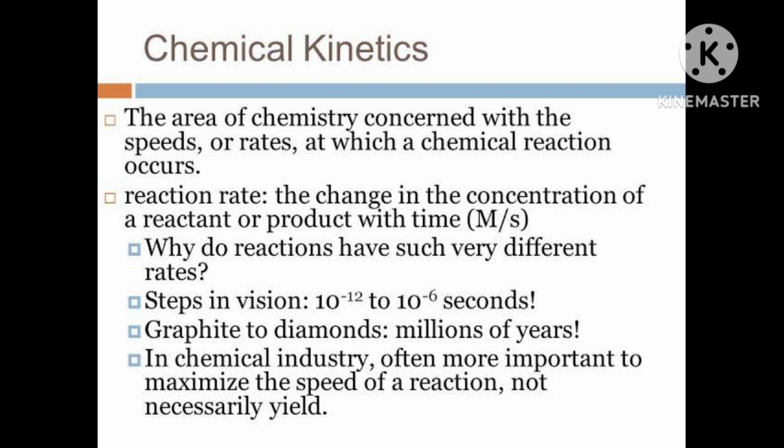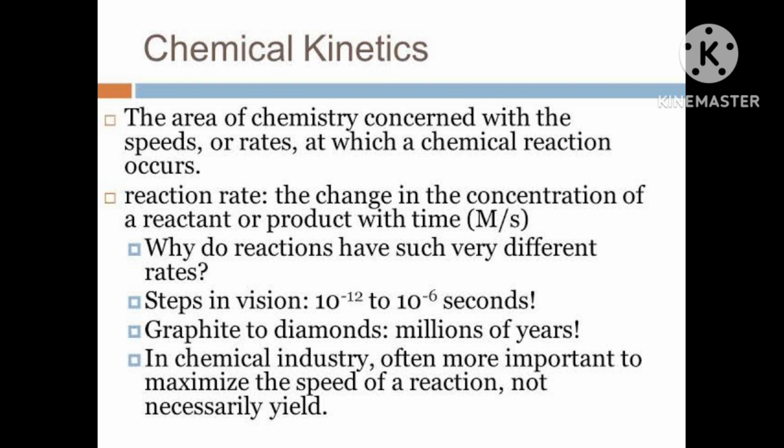Then the formula should be in your mind, only then you can think over it. The rate formula you know: for the reactant you use the minus term. Rate is equal to minus, first write that, then change in concentration divided by change in time. For the product, only a plus sign will be there.